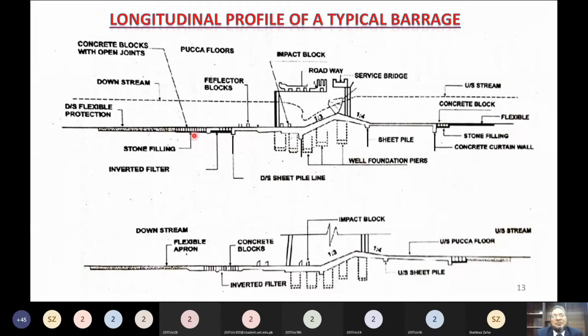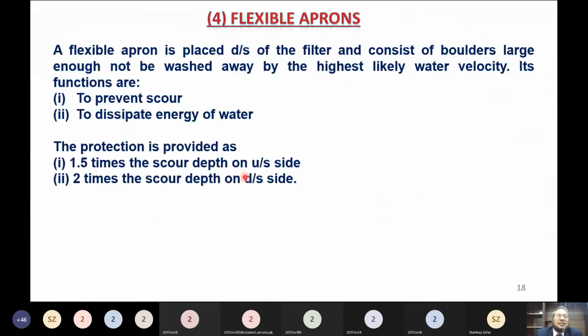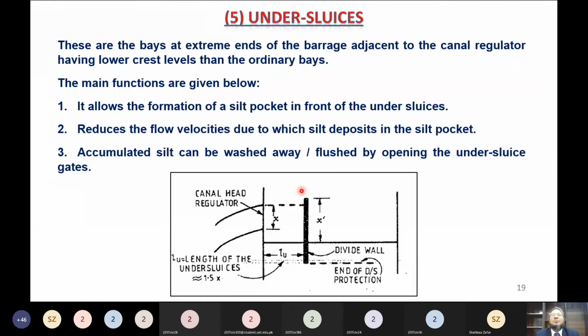Once the piping takes place, it increases the porosity of the soil under this structure, and then it becomes very porous, and a time comes when it settles down, and then the hydraulic structure fails. Usually hydraulic structures mostly fail starting from the downstream side, because the downstream side is more critical as compared to the upstream side. So the flexible apron length is provided longer on the downstream side as compared to the upstream side.